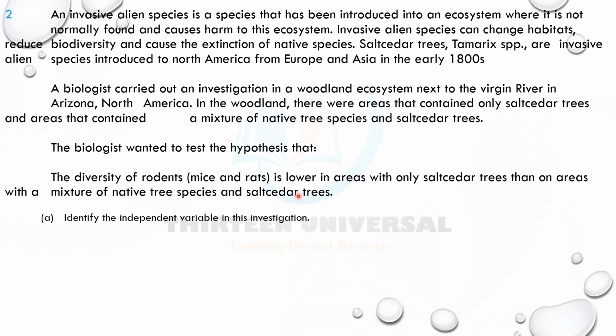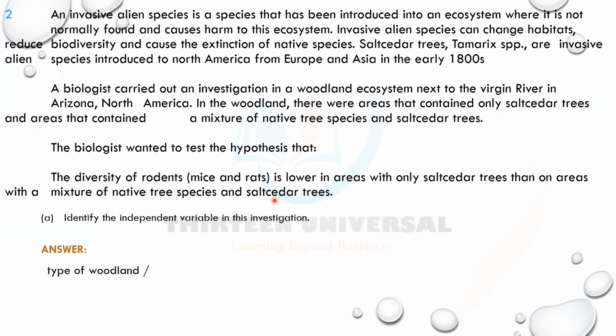We're changing the presence of native tree species, and of course the absence. That's what we're changing. Or we're talking about woodlands, different types of woodland. One type of woodland contains salt cedar, the other one contains native tree species and salt cedar trees. So that's what we're changing.